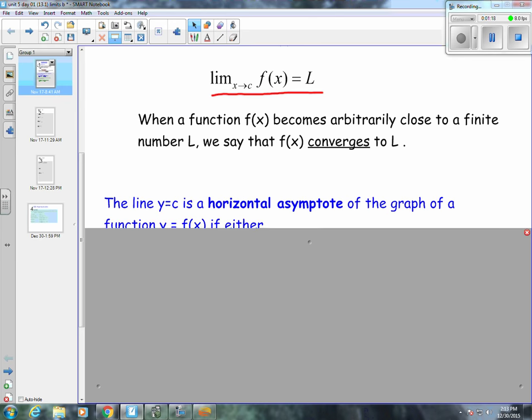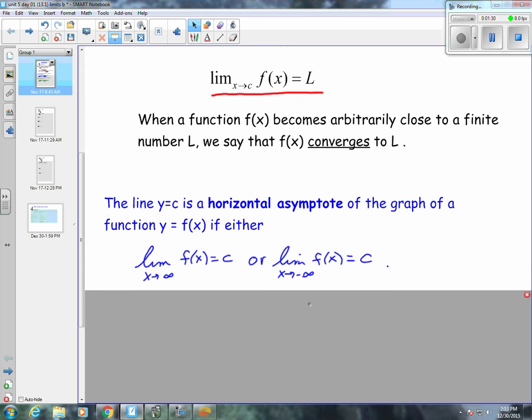Now let's look at asymptotes. The line y equals c is a horizontal asymptote of the graph of a function y equals f of x if either the limit as x approaches infinity of f of x equals c, or the limit as x approaches negative infinity of f of x equals c.